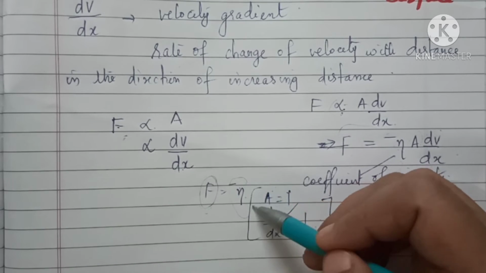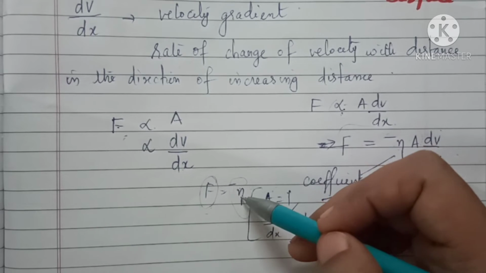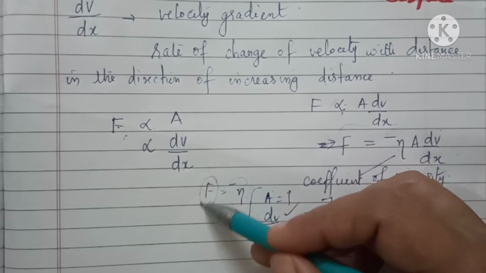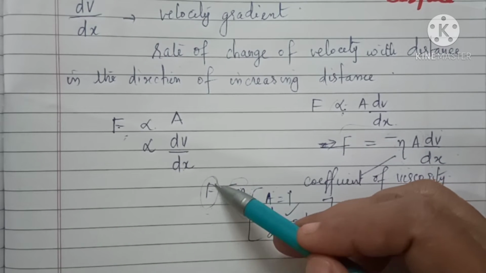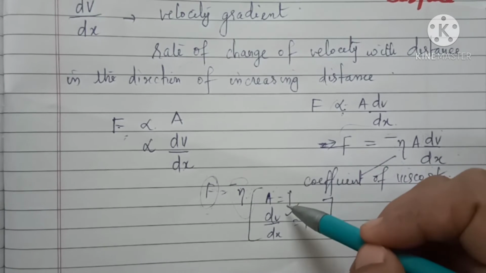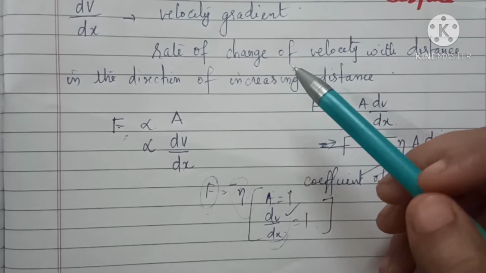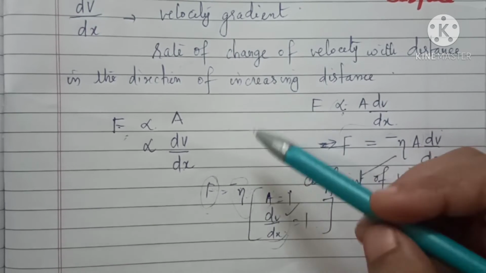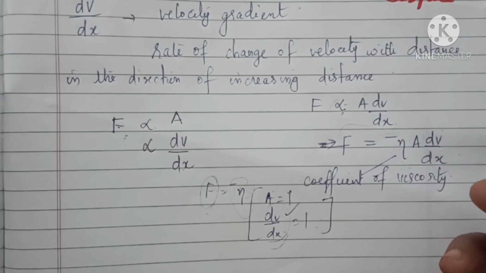So now you can define eta, omitting the negative sign, as equal to F. F is our viscous force. So it is the tangential viscous force required to maintain a unit velocity gradient between two parallel layers, each of unit area. Clear? So that's how you can define coefficient of viscosity.